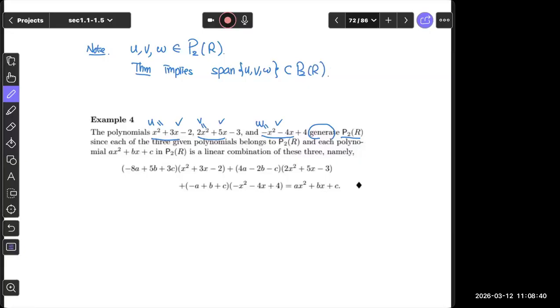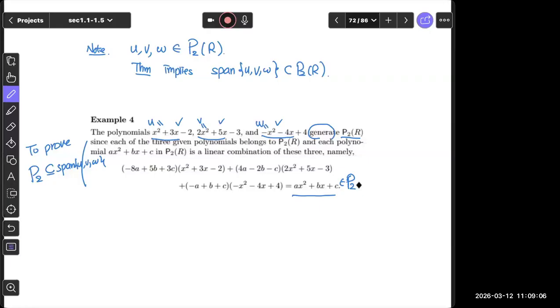Now, to prove the other direction, we just select an arbitrary polynomial, ax squared plus bx plus c, okay?